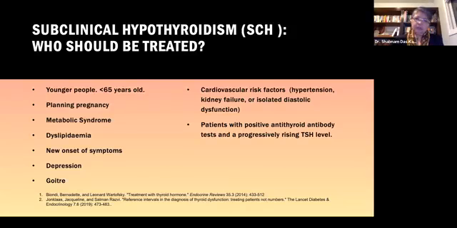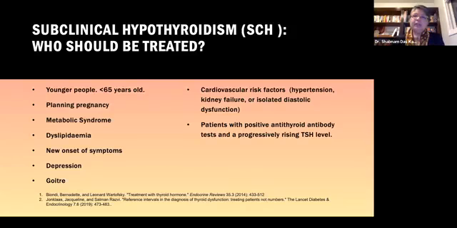Dyslipidemia is also a part of metabolic syndrome, insulin resistance syndrome. Then new onset of symptoms, depression, goiter, higher cardiovascular risk factors, and patients with positive thyroid antibody tests and a progressively rising TSH level. When will you start treating a patient with subclinical hypothyroidism? That is what I'm going to come to later on.